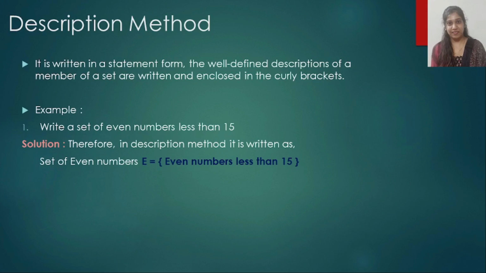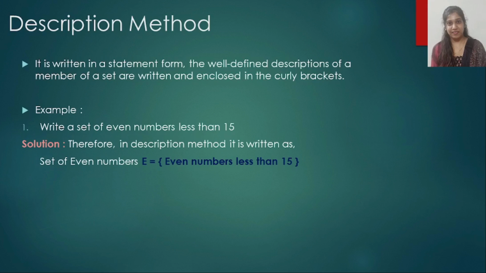Write the set of even numbers less than 15. We just now saw this example. You have to write the set of even numbers less than 15. Now we will take the same example. In the roster method, you wrote 2, 4, 6, 8, 10, 12, 14.